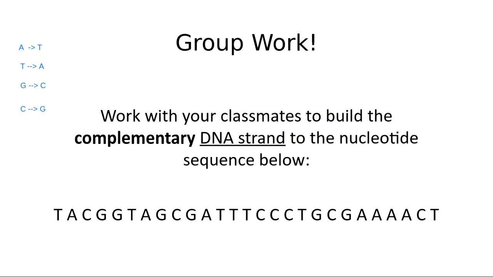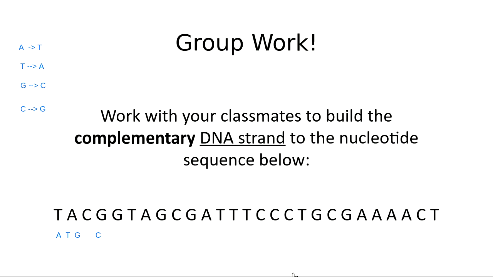We pair up the original sequence with its complementary letter, original, complementary, etc. So when you're building the complementary DNA, remember that A's pair with T's because we're in DNA.